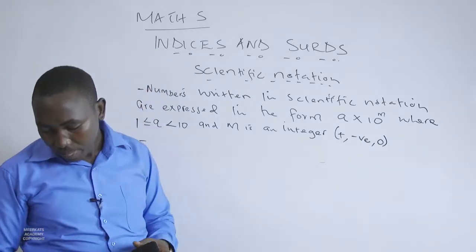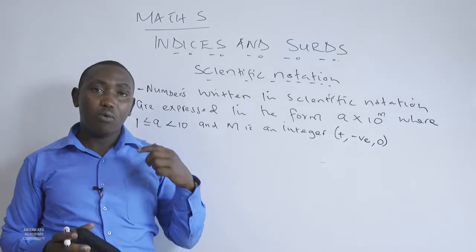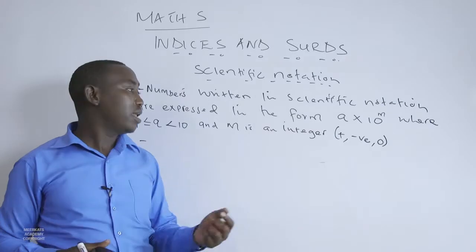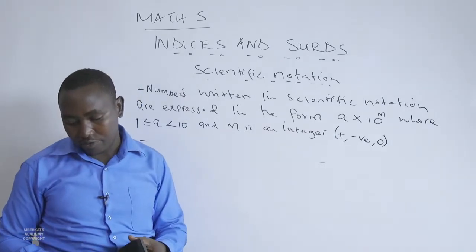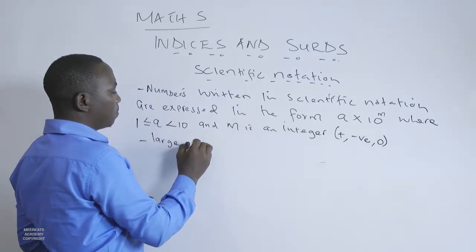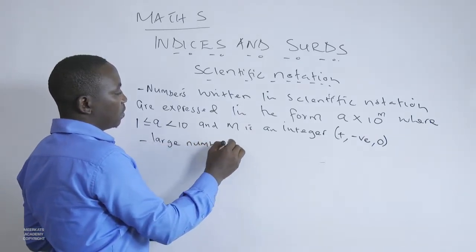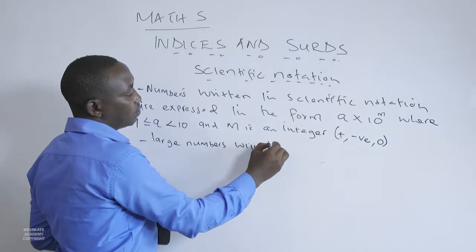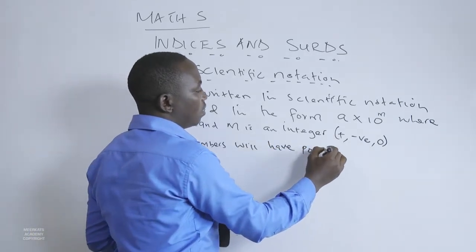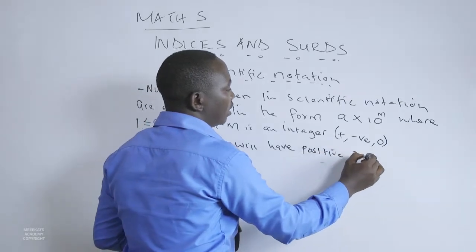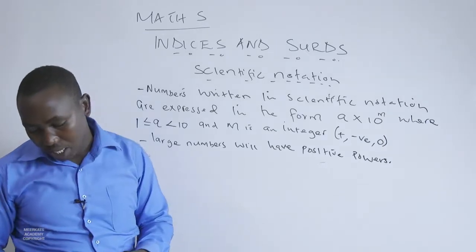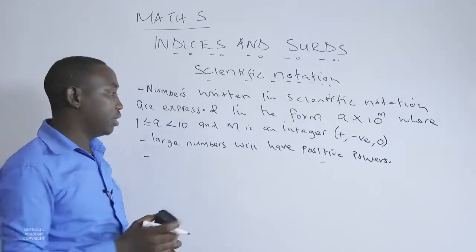Number 2, we had said that when you have very large numbers, then the power is going to be positive. So large numbers will possess positive powers. Whenever you are dealing with very large numbers, the powers are going to be positive.